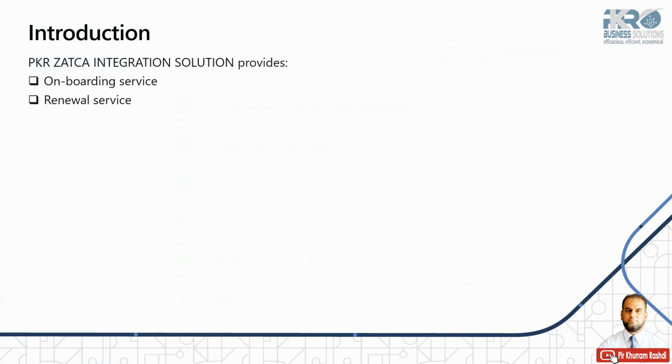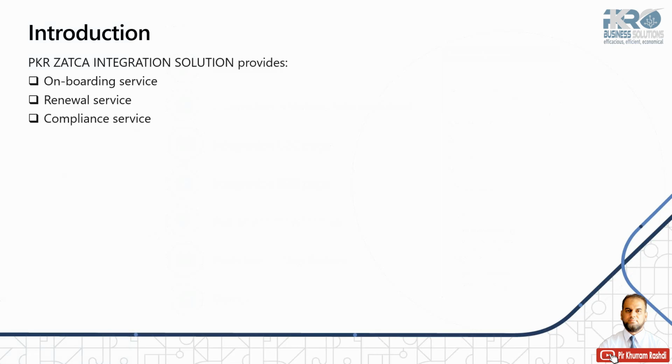In the renewal, there is a digital certificate issued by the ZATCA authority, and this certificate is used as a security feature to encrypt your invoice, whether it is B2C or B2B, and then push it towards the FATOORA portal, so that there is no loophole in between, because the public internet is involved. So for that digital certificate, renewal services are also provided.